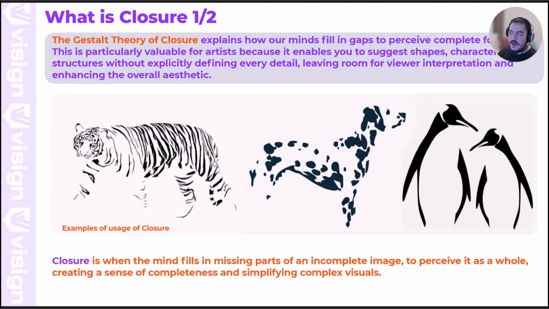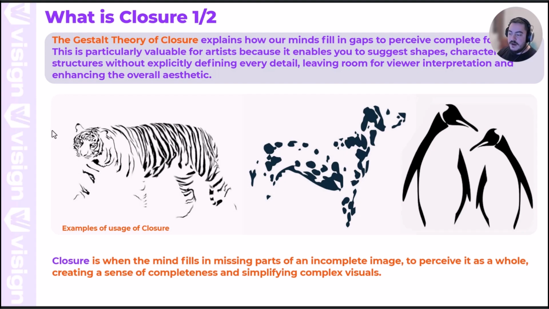This is very valuable because it enables you to suggest shapes, create characters and different structures without explicitly defining every single detail, which leaves room for the viewer to interpret and enhances the overall aesthetic of the thing that is in front of their eyes. You see here we have an interesting tiger, a Dalmatian dog, and some graphic visual of some penguins.